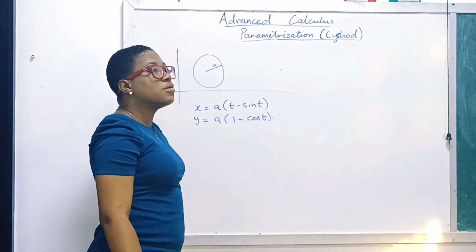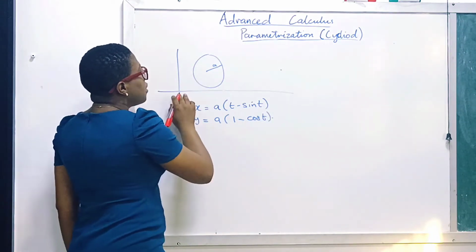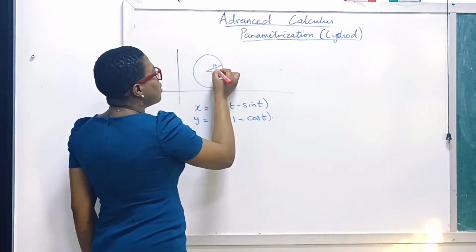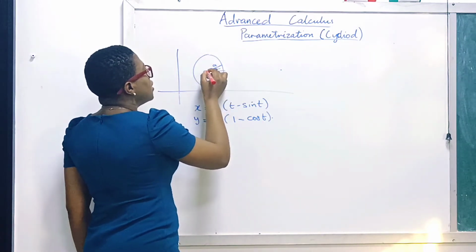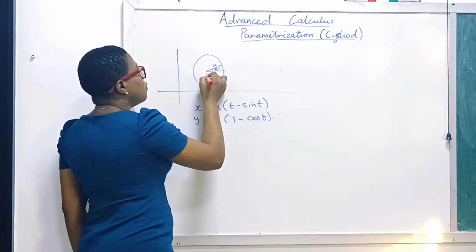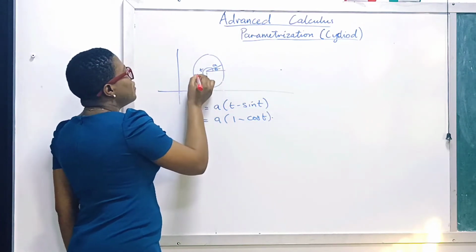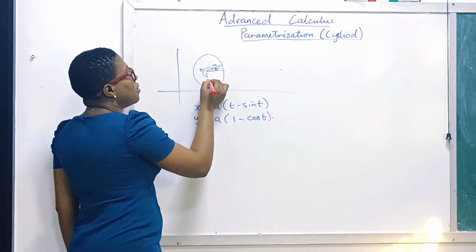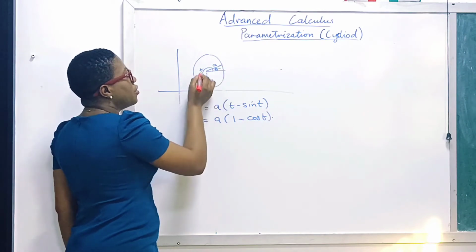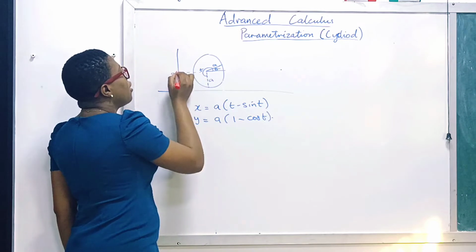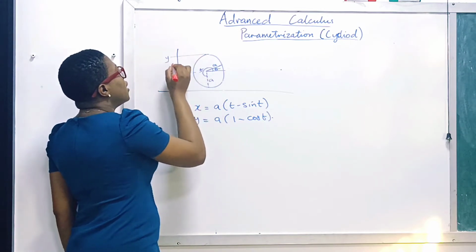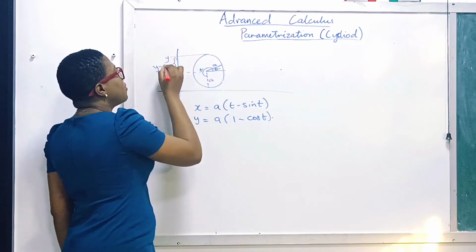If you want, you can take your time and derive it, where this angle is theta, and you take your t to be the whole of this. Since this is A, then this must be A because they are all radius. Call this place Y, then the whole of this is y minus A.